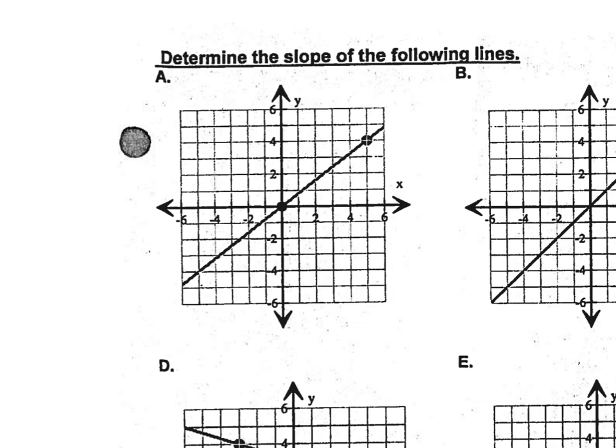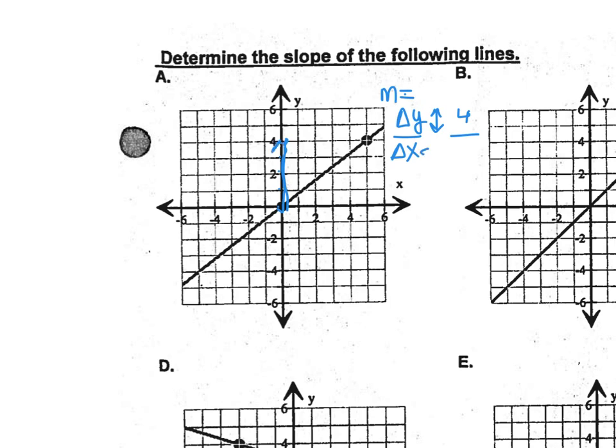As we know, slope equals my change in y over my change in x. My y goes up and down. So from the first point, how many did I go up? Well, I went up 1, 2, 3, 4 in the positive direction.